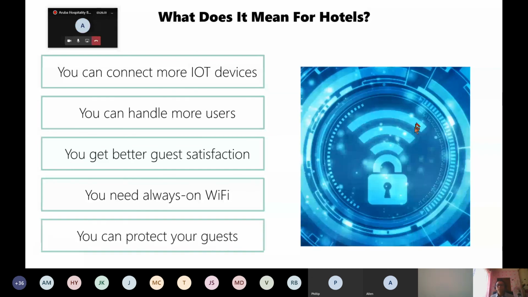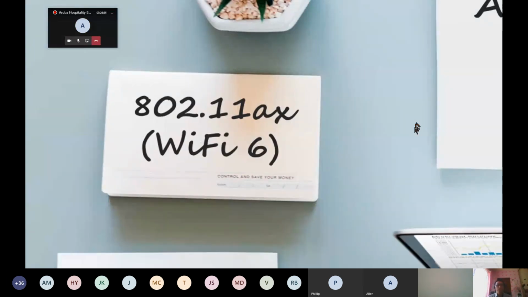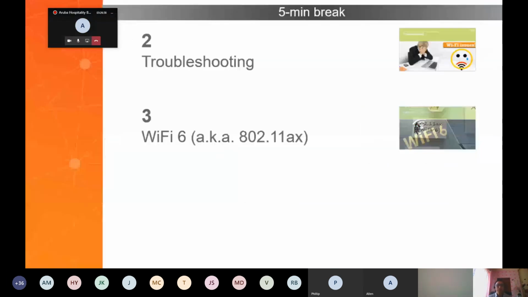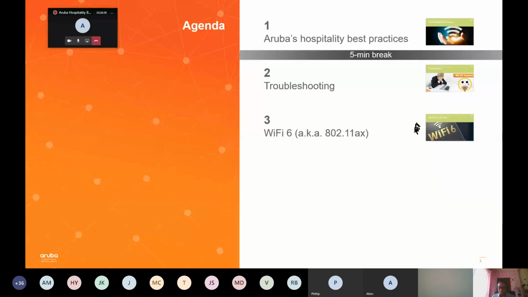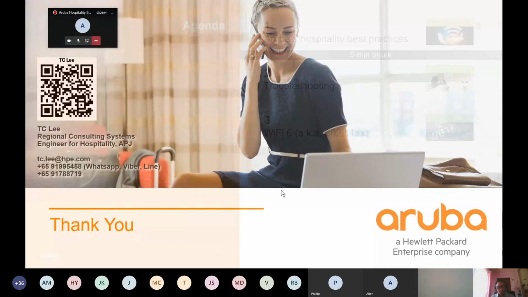So these are some implications from the introduction of Wi-Fi 6 and the ability to protect your guests with encryption on open SSIDs. That is, in a nutshell, Wi-Fi 6. I know it's a lot to absorb, and sorry, I'm running a little over time. I want to open up for questions at this point.